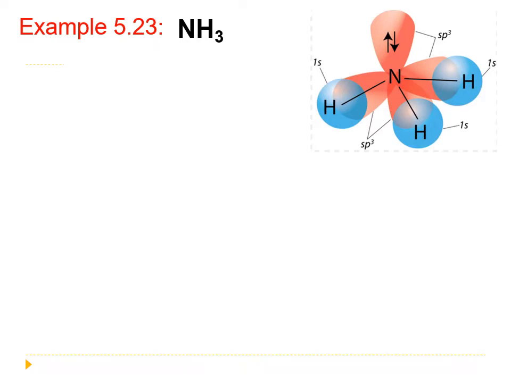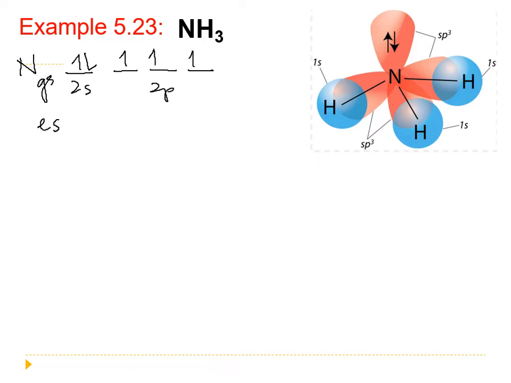So what happens if we want to draw the sp3 orbitals of ammonia? N as the central atom has 5 valence electrons. 1, 2, 3, 4, 5. Just nice. This is at ground state.